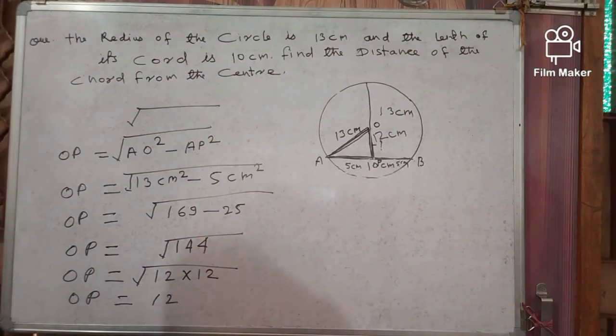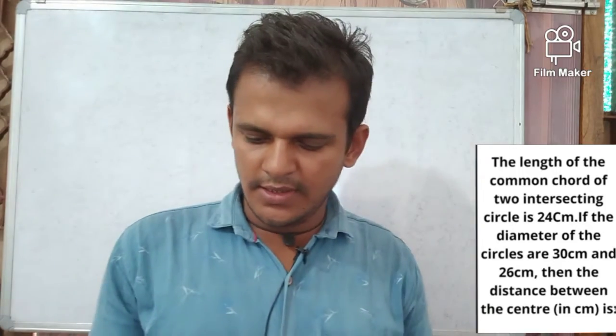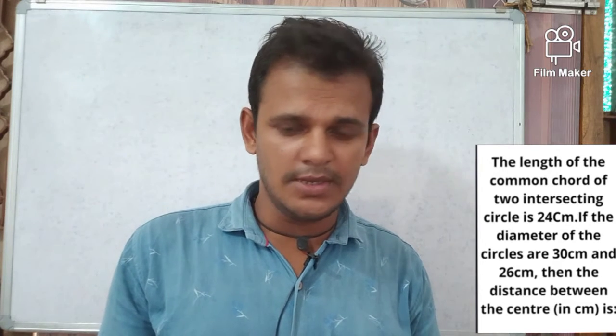Okay, so move to question number 2. The length of the common chord of two intersecting circles is 24 centimeter.